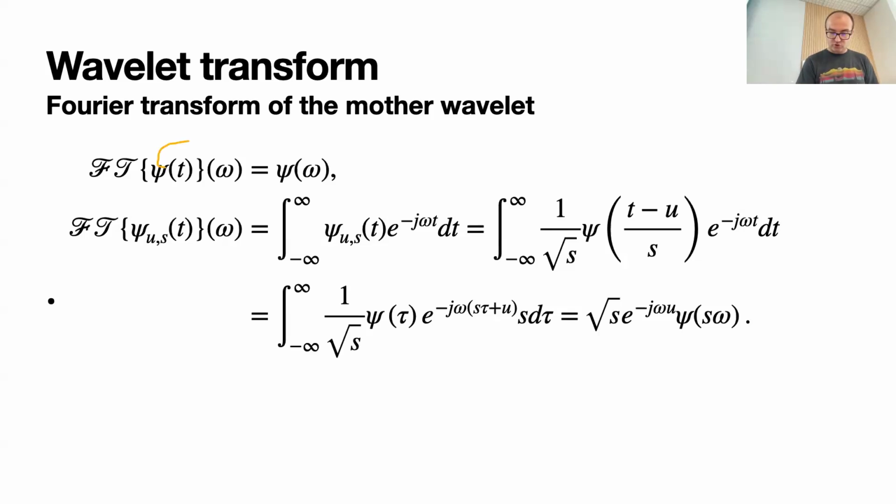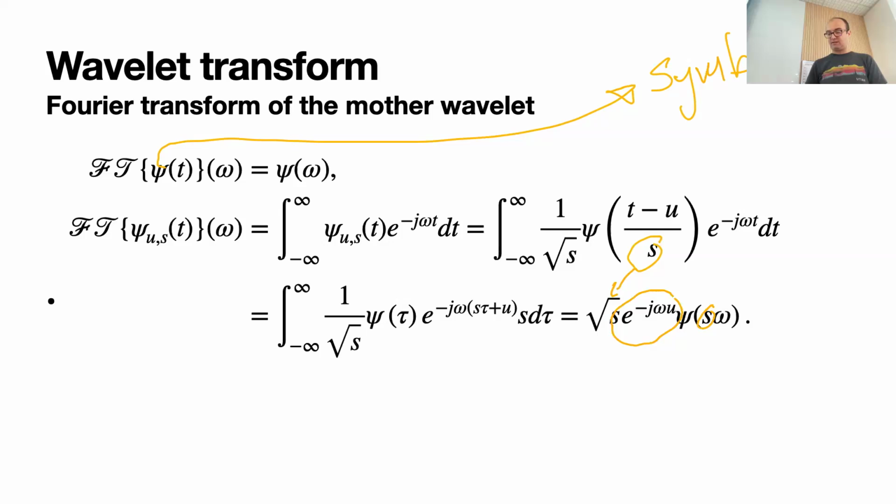Since we know the choice of this wavelet function in a closed form, in a symbolic way, we can derive its frequency transform. And then by using simple Fourier transform rules, the scaling becomes multiplication here, and the translation becomes multiplication.